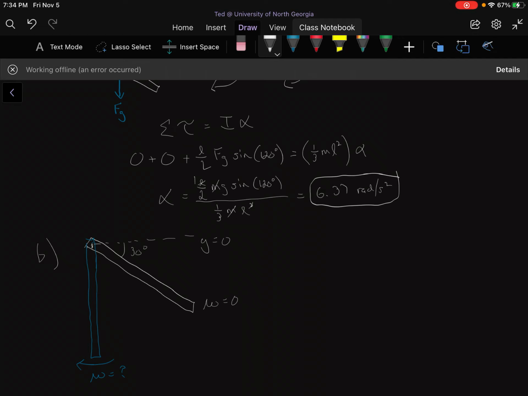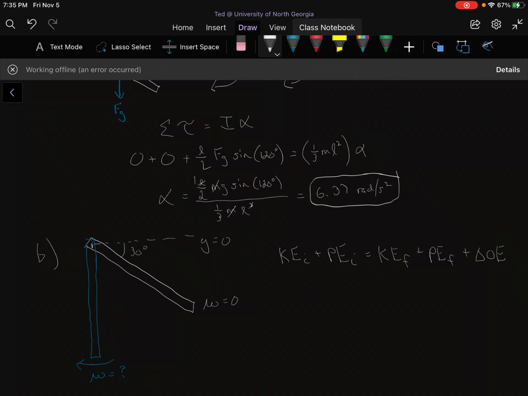For conservation of energy, we know that the kinetic energy initial plus the potential energy initial should equal the kinetic energy final plus the potential energy final plus the change in other kinds of energy. And we say to ourselves, what other kinds of energy could there be?